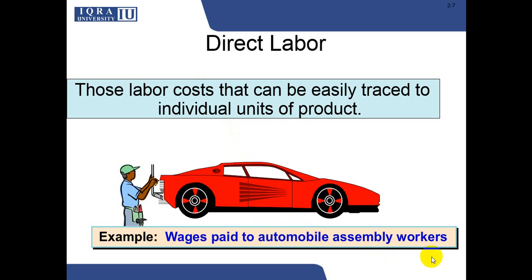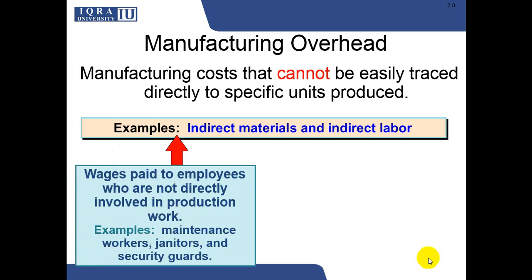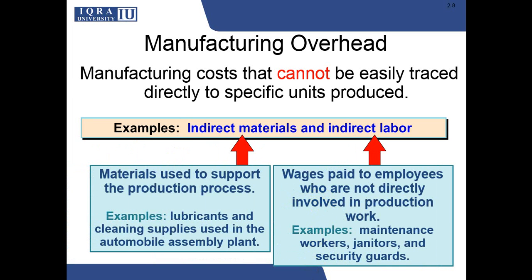Now the third one is manufacturing overhead. These are manufacturing costs that cannot be easily traced directly to a specific unit produced, or we can say these are all indirect costs: indirect material, indirect labor.